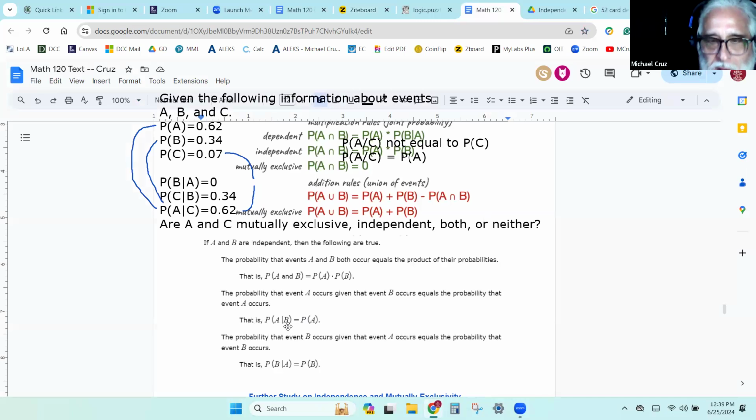If the probability of A given B, and we could change this to C, just to, if probability of C given B... That's where I get confused whenever there's a third one in there. They're doing it to give you three possibles, but it's only asking about A and C, right?